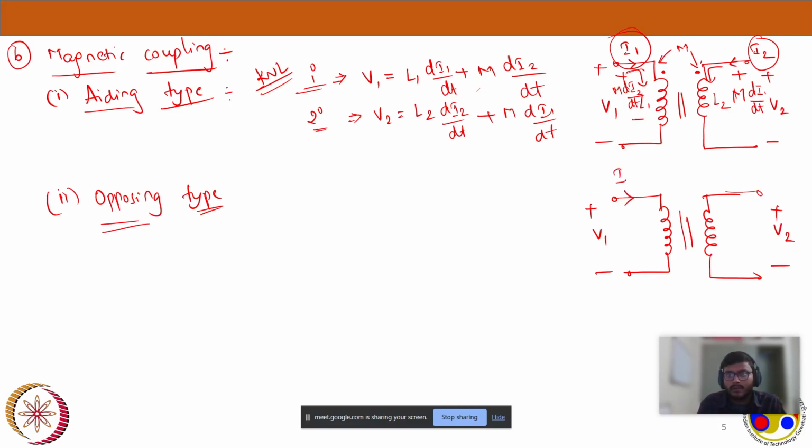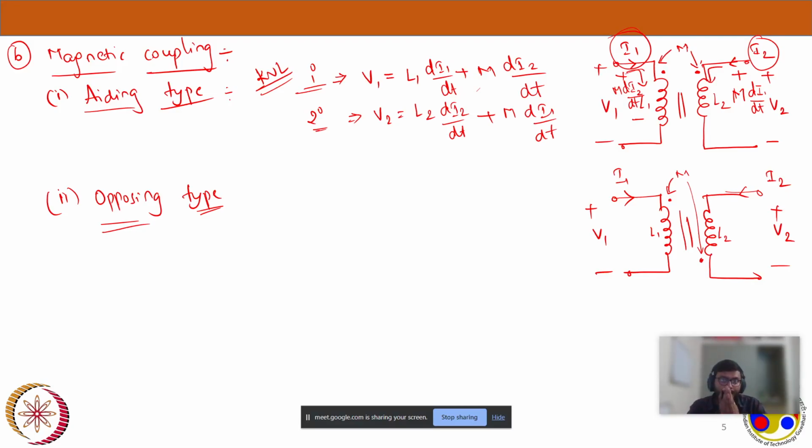V1 is responsible for I1, V2 is responsible for I2, and this is L1, and this is L2. Now see, I am placing a dot in coil 1 here, and I will place a dot in coil 2 here. I have changed the dots. Now there exists mutual inductance here and here. Now let's see. Here is the same circuit, but in this case the dots are changed.